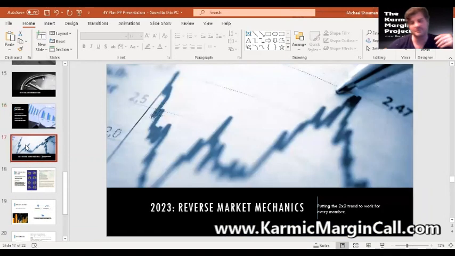Okay, I'm going to move a little faster here since we're getting into the last few phases of the 5-year plan. So reverse market mechanics, putting the 2x2 trend to work for every single member.